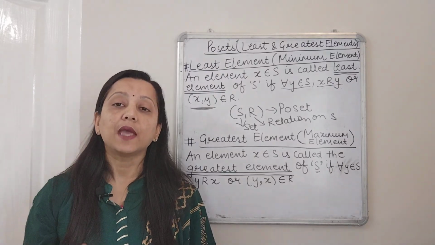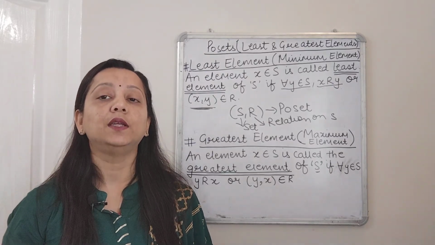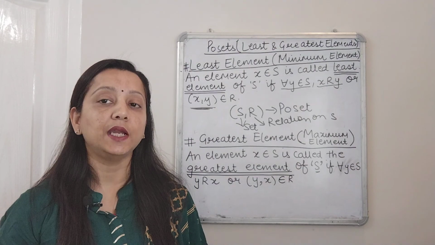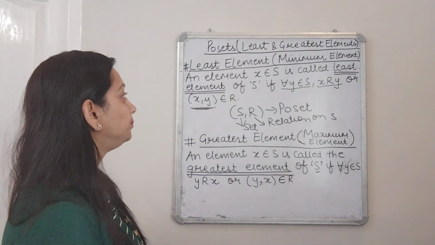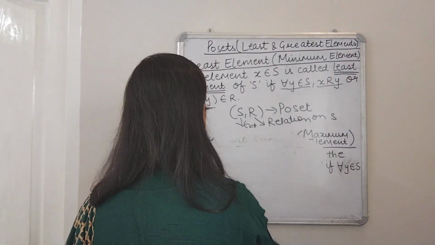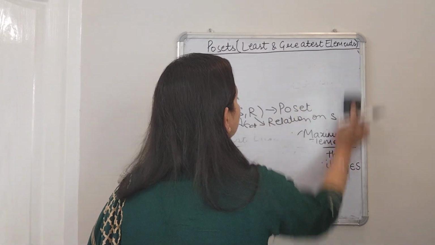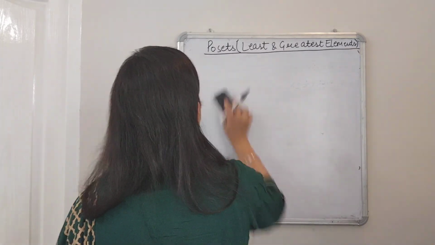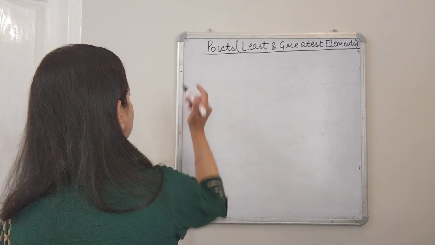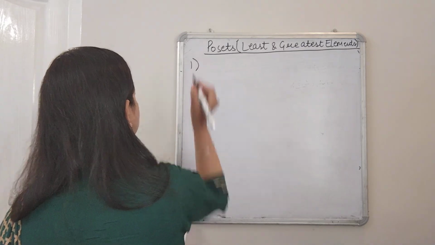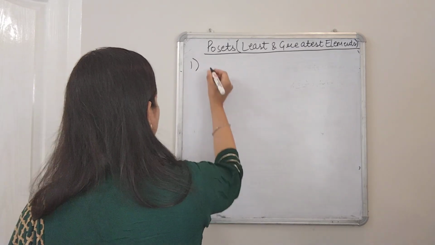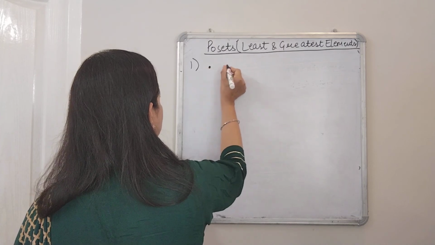Now we will look at some exercises and see how we can find out a least and a greatest element in a set. The first exercise that we will see here consists of a Hasse diagram like this.